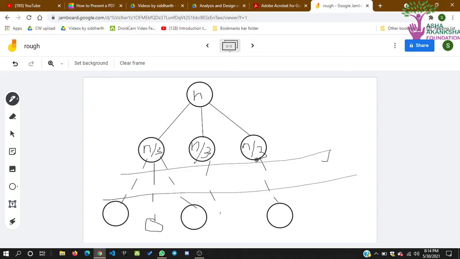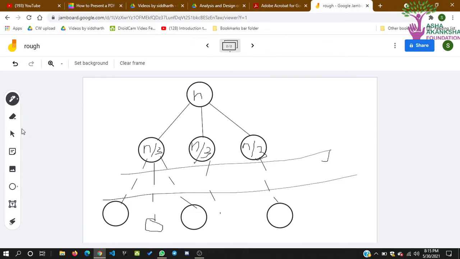And this is the leaf. And then these are the leaves, in which the size of the subproblems keeps on reducing until the time complexity just becomes a certain constant only.